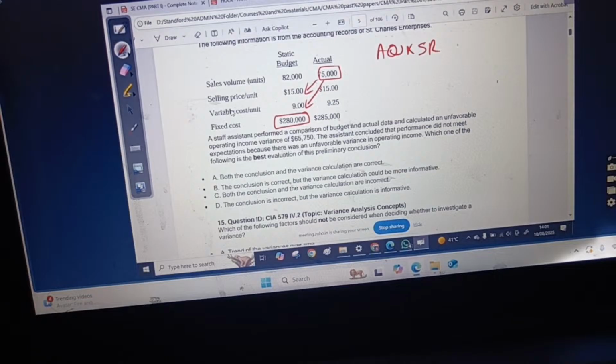For actual, we take the fixed cost as actual, right? For standard, see, for flexible, we are taking the budgeted amount. Like 170. Price 170.